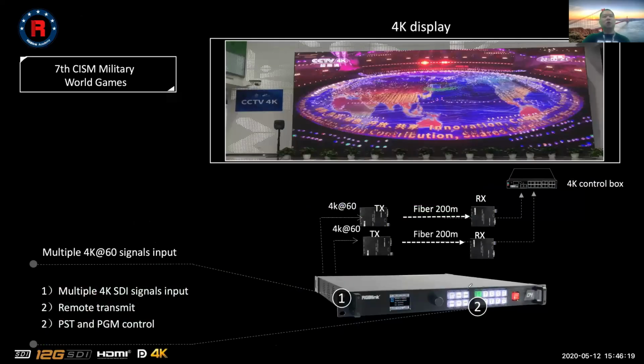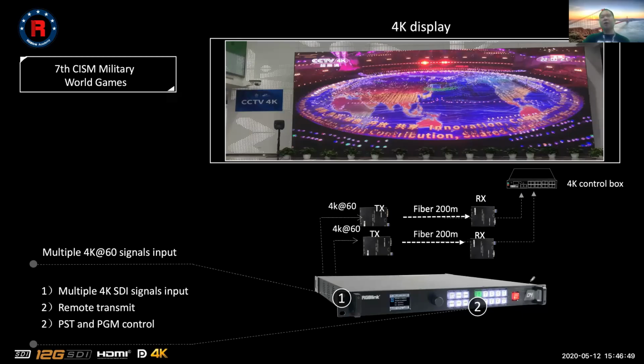This is one of the case studies we shared just now at the beginning about the 4K content challenge. In a military war game, we used the D4 to land the 4K signal from the telecom to the event display systems.